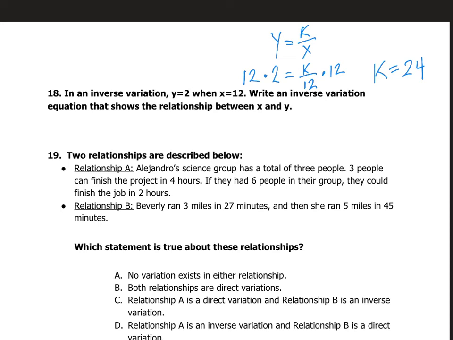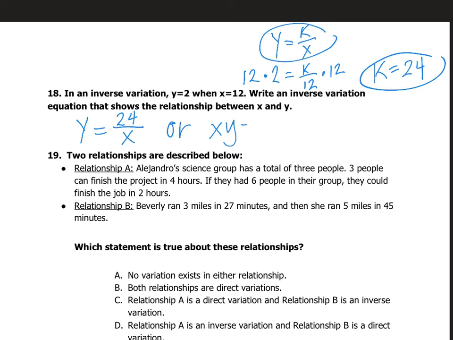I recommend writing it in the format which we originally used, like this. So y equals 24 over x, because we realized that k is 24. Or you can write it as x times y is equal to 24.